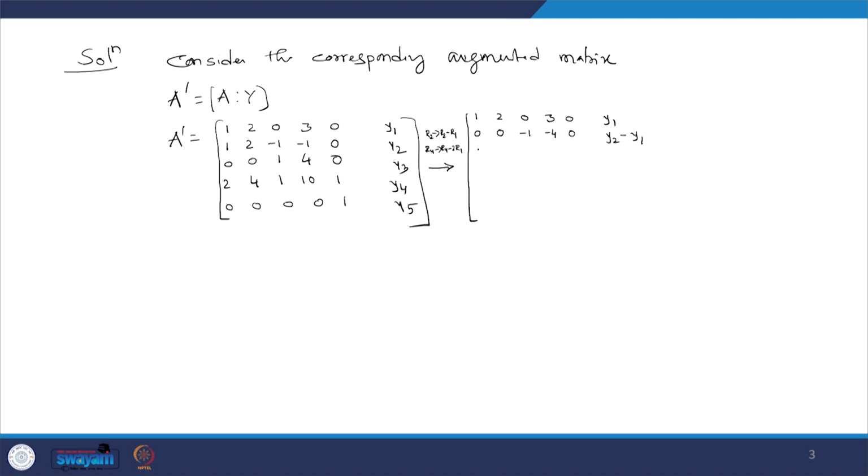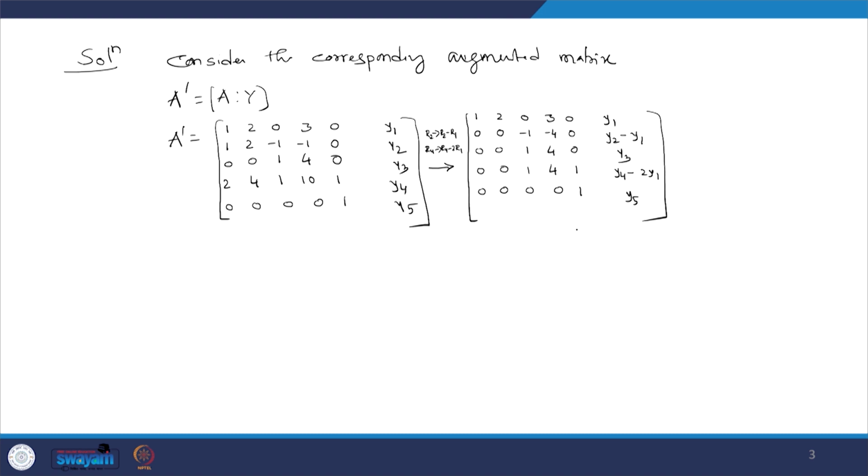The third row will remain 0, 0, 1, 4, 0, y3. The fourth one will be 0, 0, 1, 10 minus 6 which is 4. So, 1, 4, 1, y4 minus 2 times y1, and this one will remain as 1 and y5.